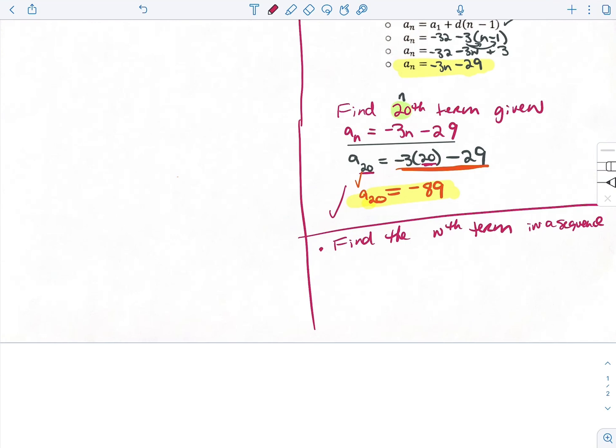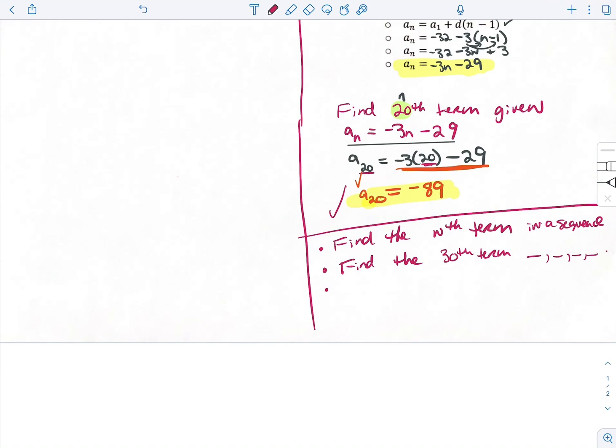If you're ever asked to find some big number, like the 30th term, and they give you a sequence, you might want to use the explicit rule.